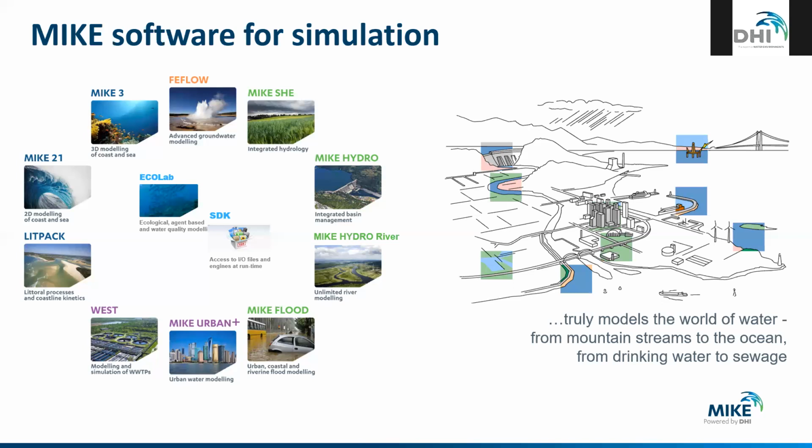Just moving down the right-hand side of the circle there, we've got MIKE HYDRO Basin and MIKE HYDRO River. So these are our two water resource workhorse software. So MIKE HYDRO Basin is kind of a mass balance model that moves water around, and it's a very powerful tool if you're looking at optimization of river systems, for example, with reservoirs and hydropower dams, and you want to look at conjunctive use of the water resource system, then it has a very powerful optimization and multi-objective optimization capability.